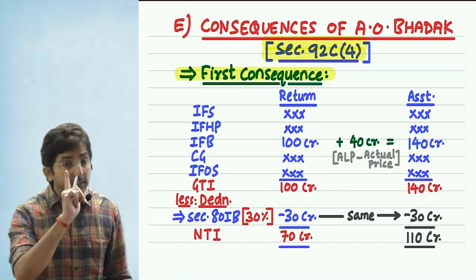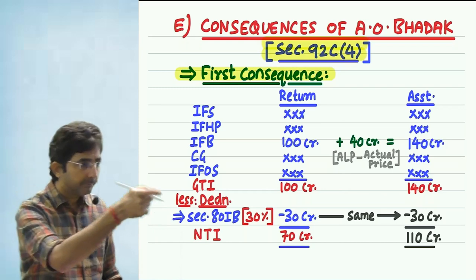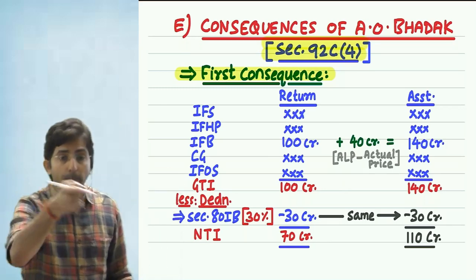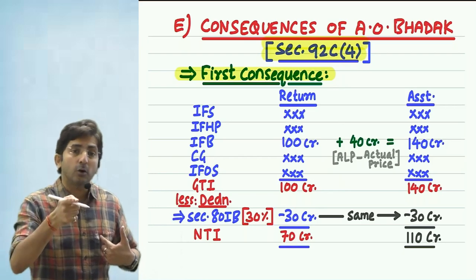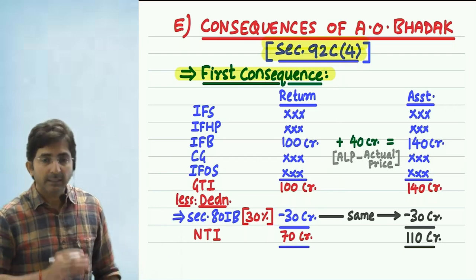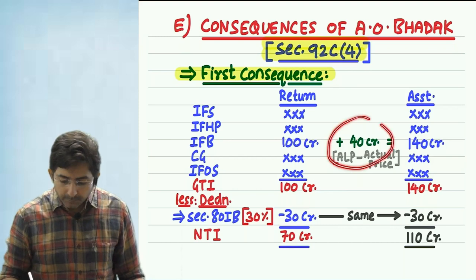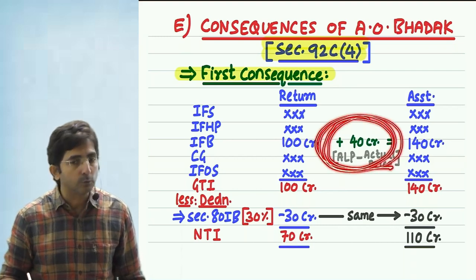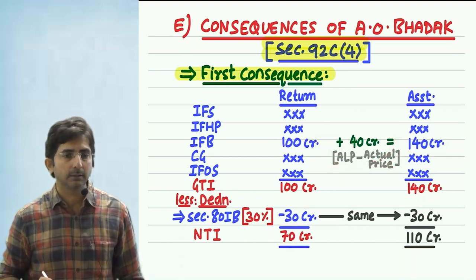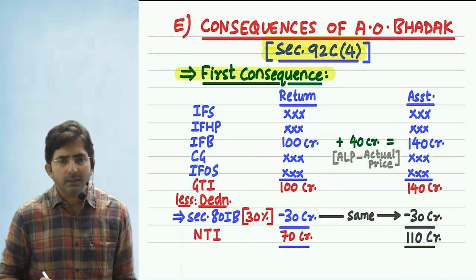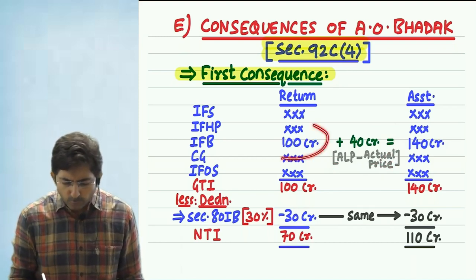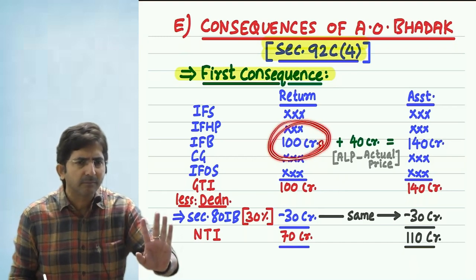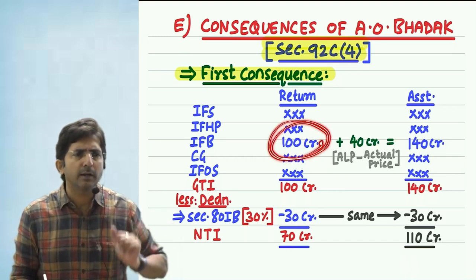But because the assessee failed to compute ALP, you made the AO angry. This is the consequence you have to suffer. And the main suffering is that this 40 crores is not getting any deduction. And you know what the AO will say? According to you, your income was 100 only, no? So take deduction on 100.